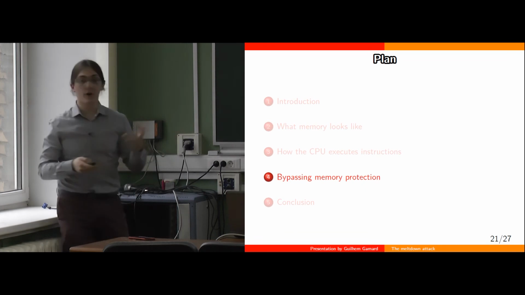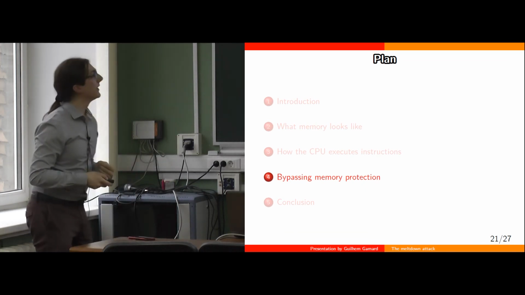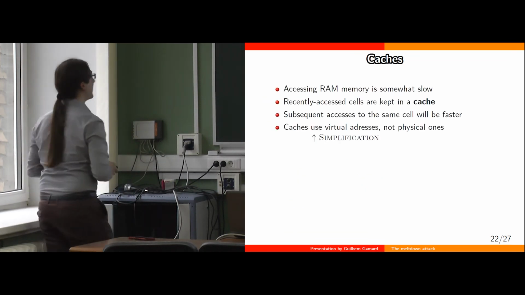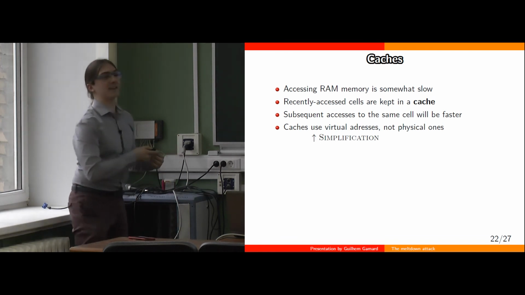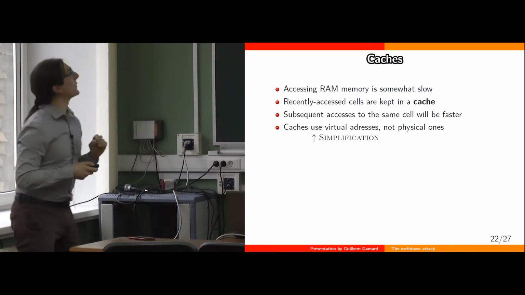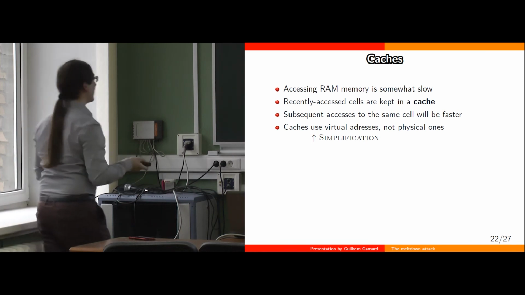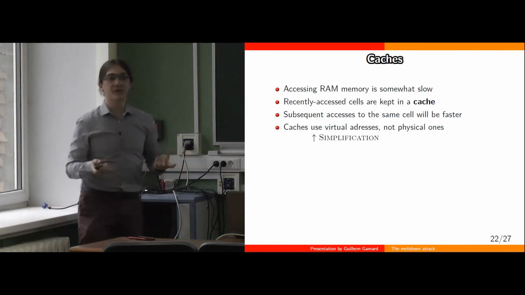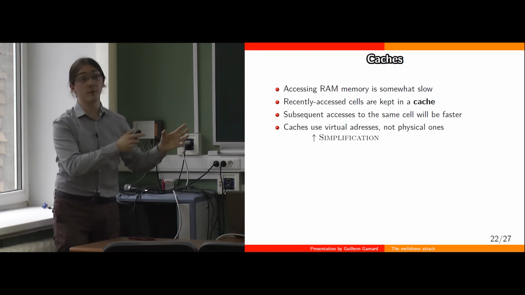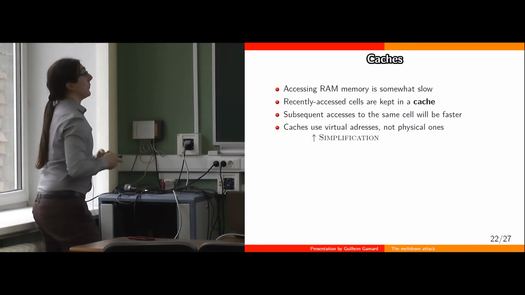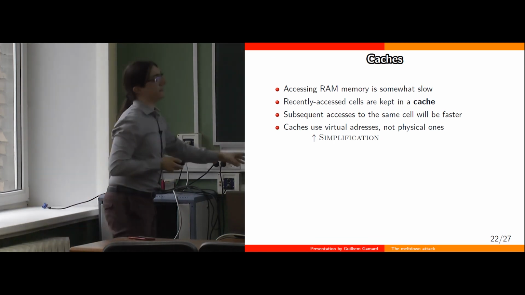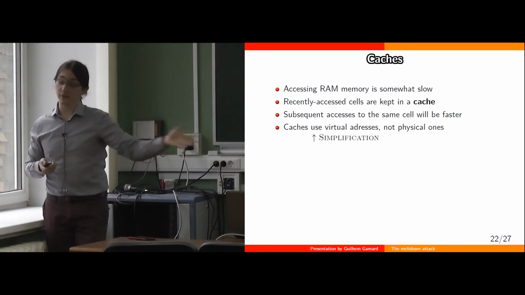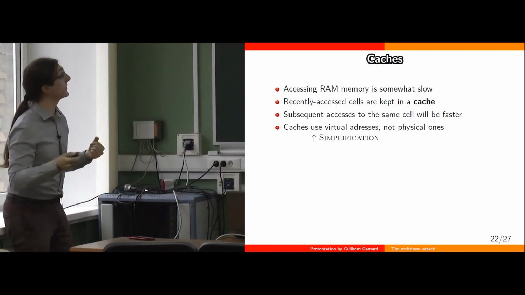So that's now the part where we actually hack something by exploiting caches. Here I even make it clear that there is a simplification, so we can get more details. But initially, accessing memory is somehow slow. Once again, what you think is memory, even with virtual memory, is more complicated. When you have to access a cell of virtual memory, it is somehow slow, even for the RAM, compared to CPU registers, for instance.